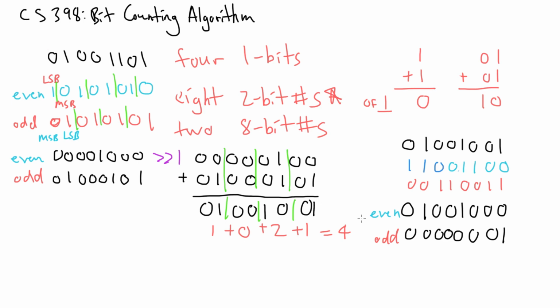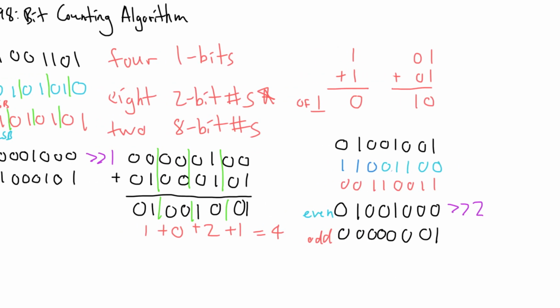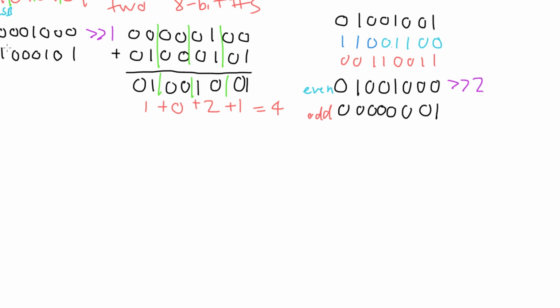And just like before, I need to right shift the even numbers, but this time, because they're 2-bit numbers, I need to shift it by 2 instead of 1. And so after I shift it by 2, I'm going to get 0 0 0 1 0 0 1 0.